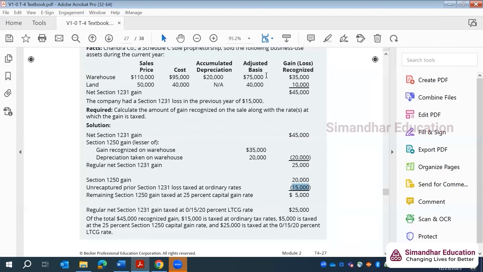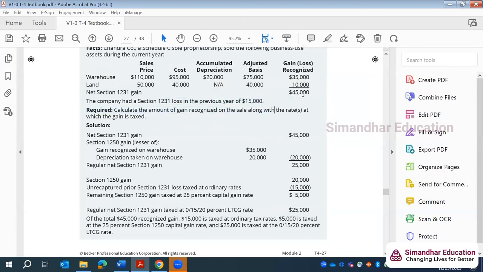So we have a total gain of $45,000, right? Now because of the rules, we have characterized these gains, or we have bucketed this gain into three buckets. The first bucket is your section 1231 loss, the 5-year look back rule for 15,000.